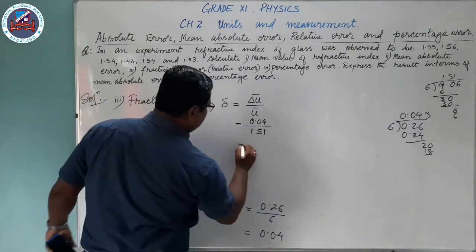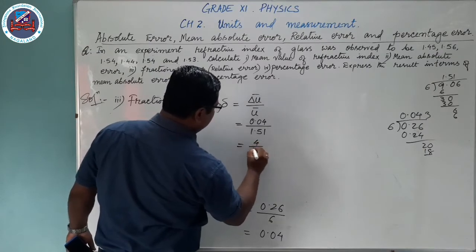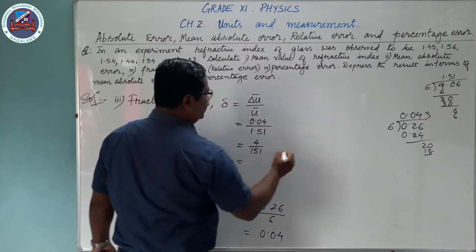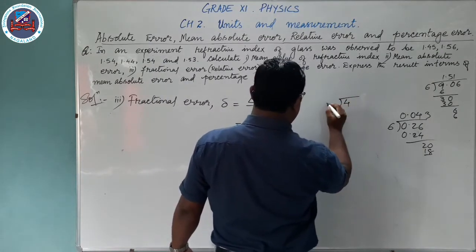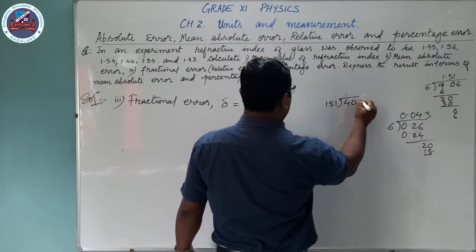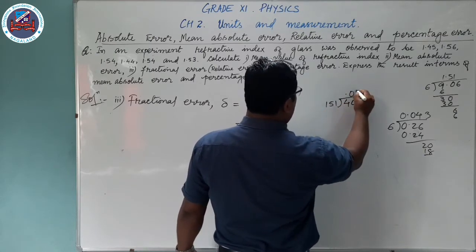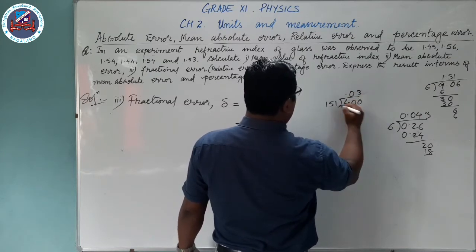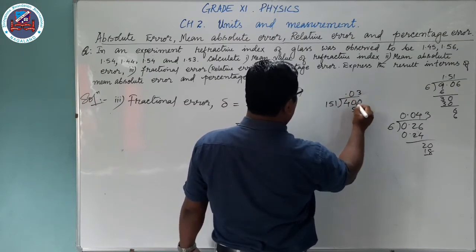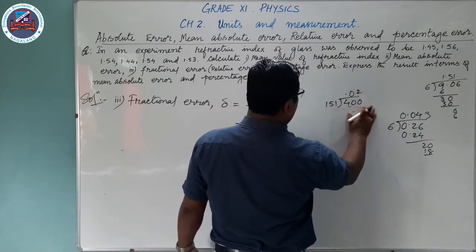divided by your mean value, which was 1.51. Now after the decimal you have two digits, so you just remove it: 151, then divide 4. If you divide by 151, this 2 times will come in 3 times. Let us see, 3 ones are 3, 3 fives are 15; it is bigger. I'll take 2 times.